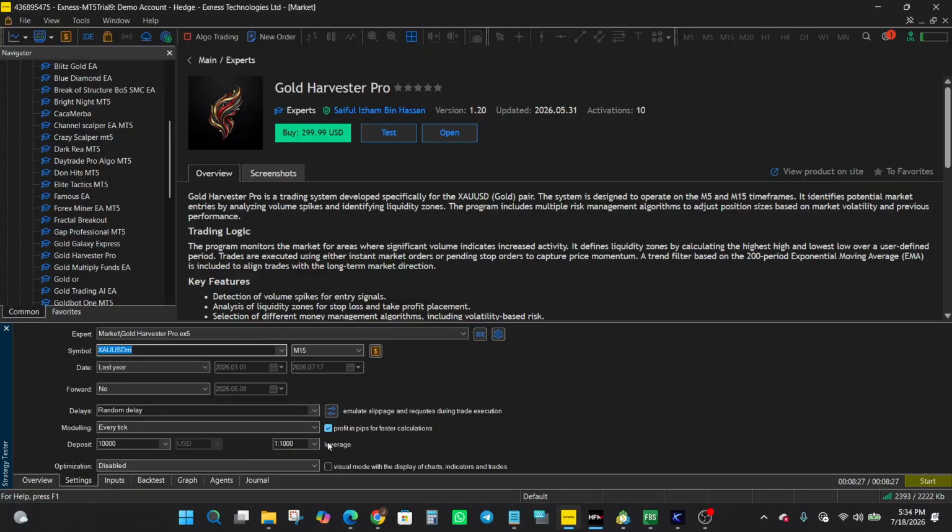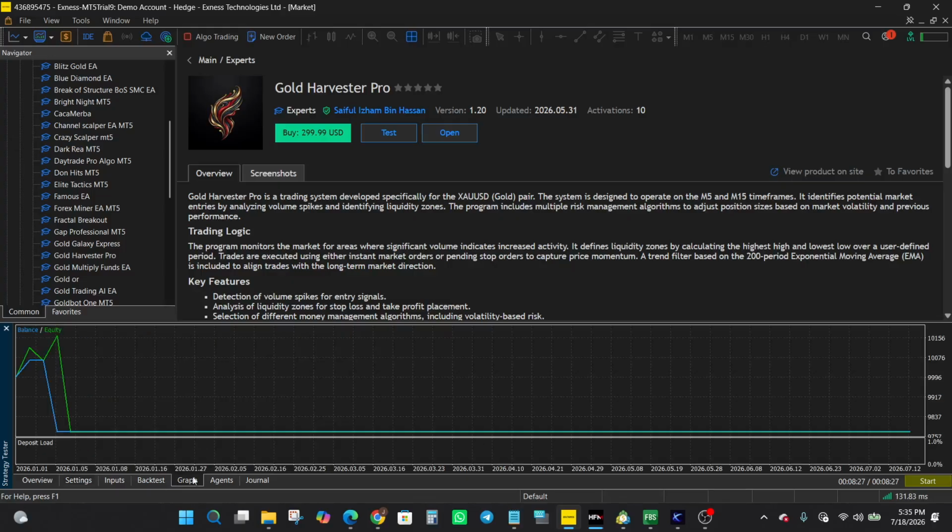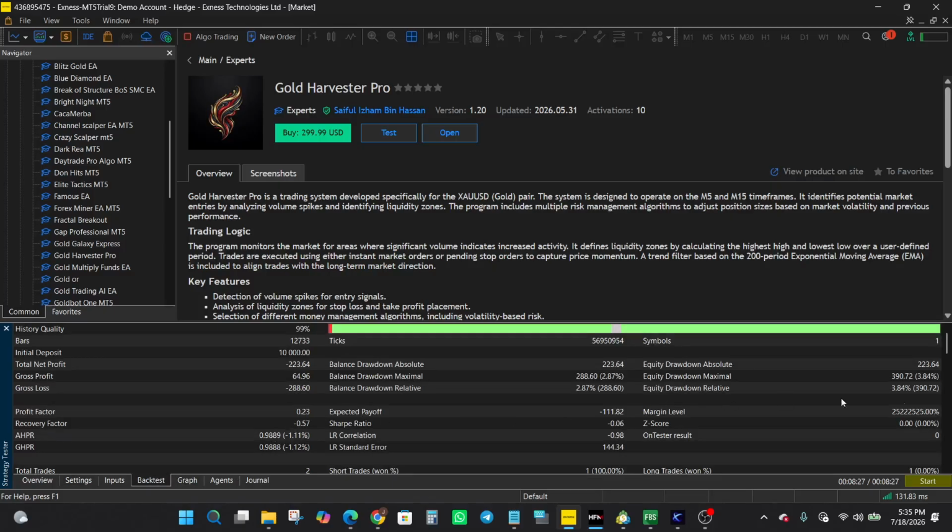So given the volume spike and liquidity zone entry conditions described on the listing, it is possible this system is simply selective and waits for very specific conditions before entering, which would explain a low trade count.